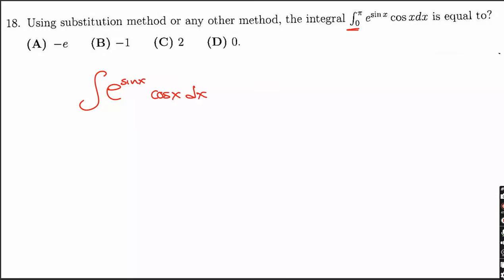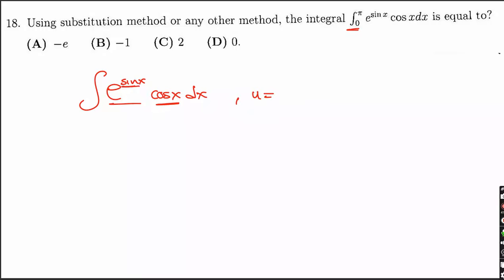We have sine x and cosine x, both trig. So what you do, if you have both trig, to choose the value of u, just use the one from the function which is more complicated. Sine x is more complicated than cos x.